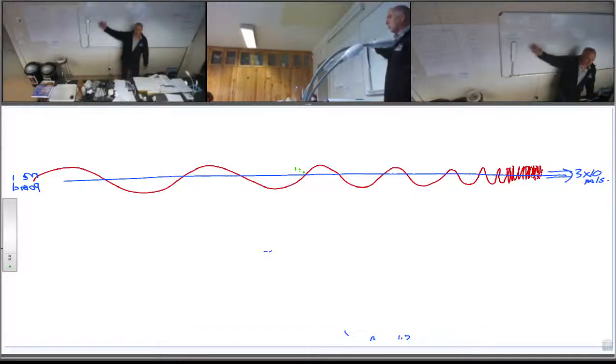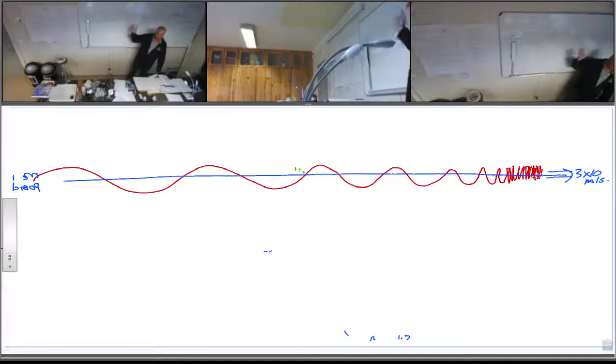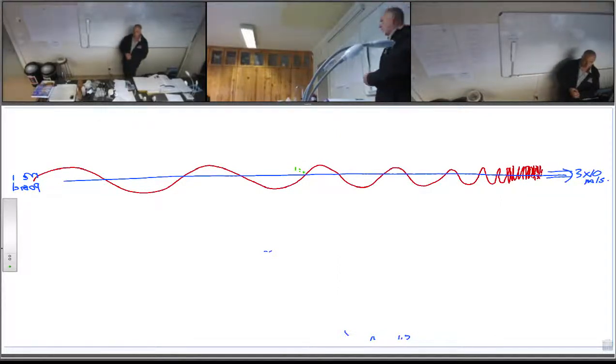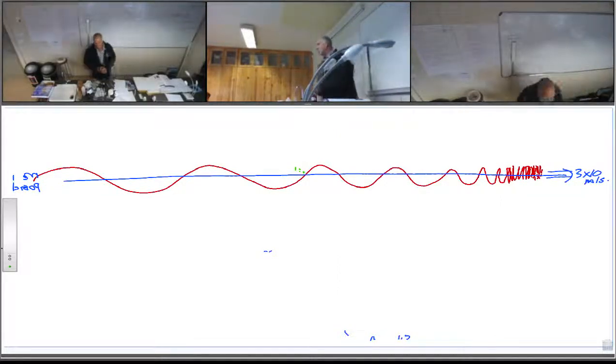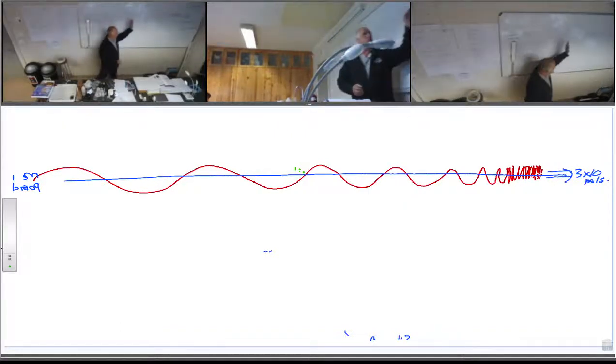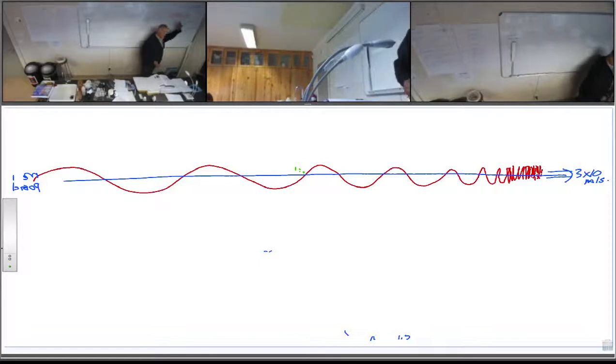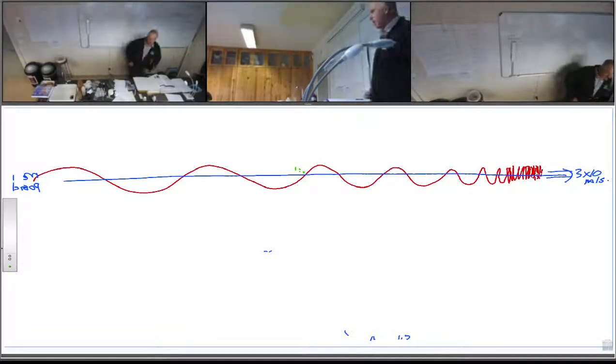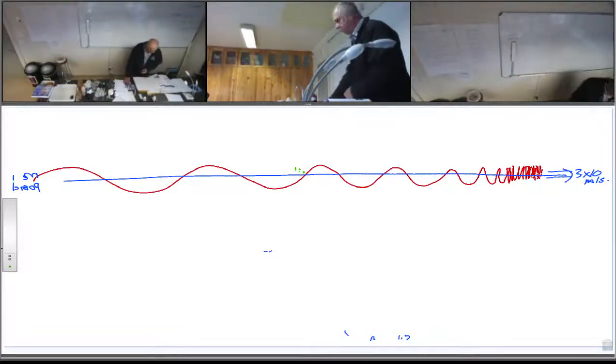These long train carriages, you'll get very few of them going past in a second. All understand? Which part of this wave will have the longest period? It takes a long time for that wave to go past, whereas that wave goes past very quickly. Okay, right, which one's got the highest frequency?